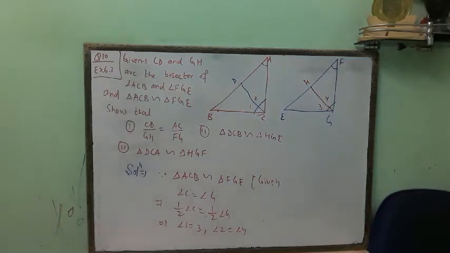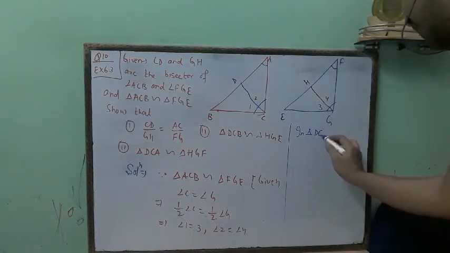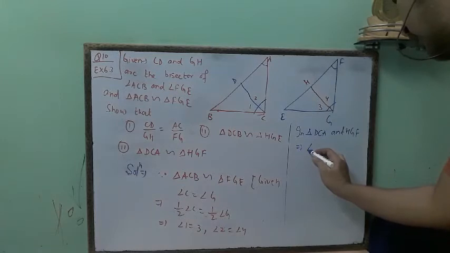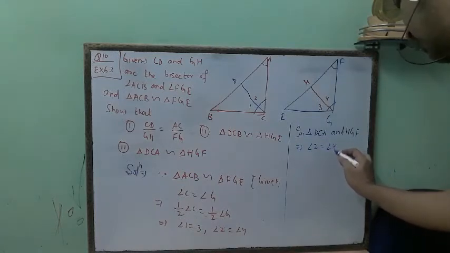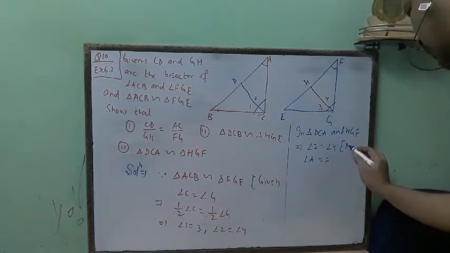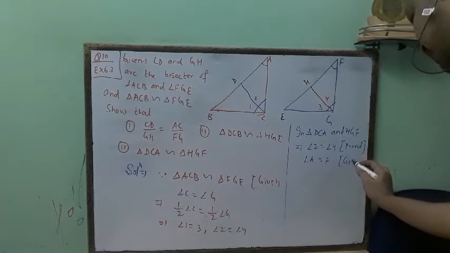Now with this relation, I will be able to prove the similarity of these triangles. In triangle DCA and triangle HGF, the first angle, angle 2, is equal to angle 4, and angle A is equal to angle F, which is given.